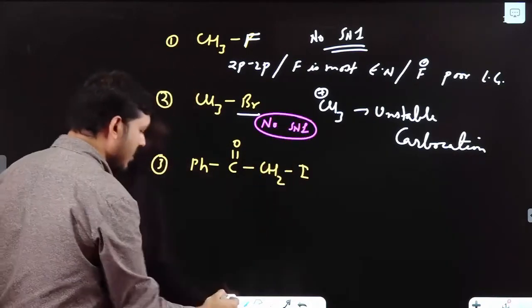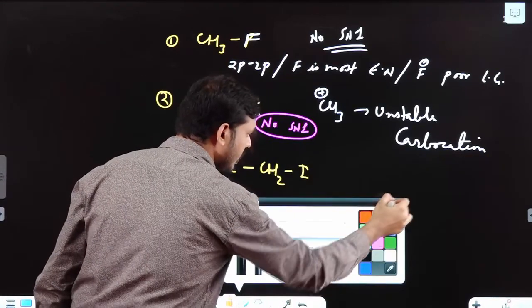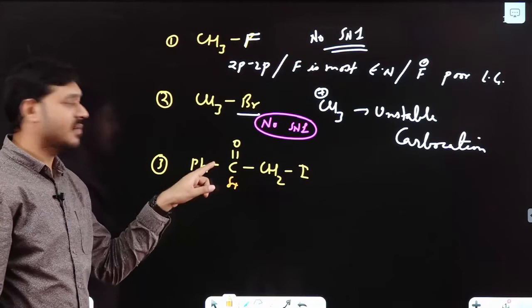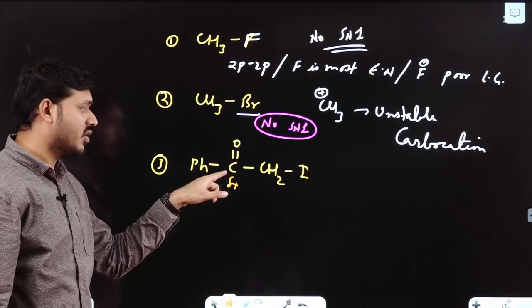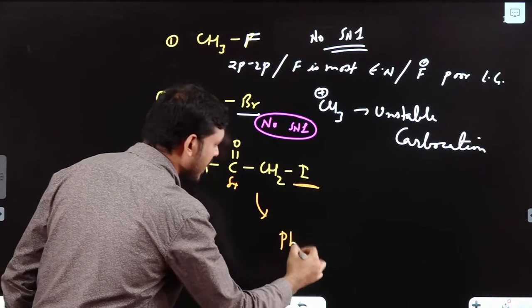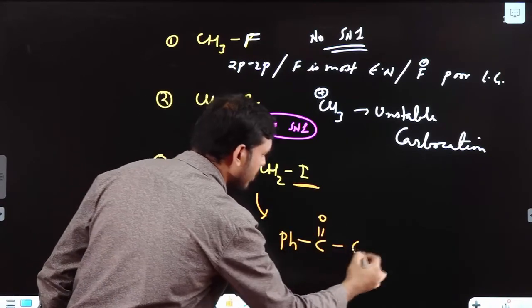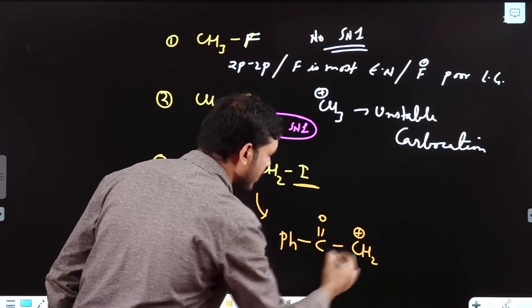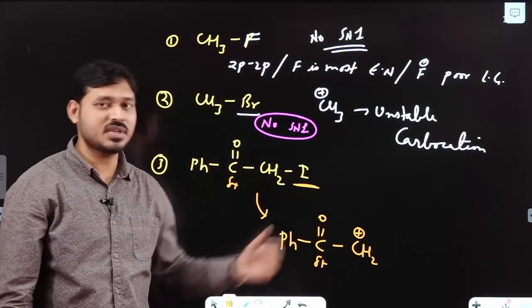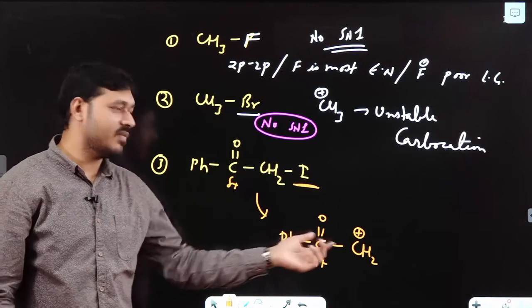Okay, now check the third one. In the third one, see, the carbonyl carbon atom always has delta positive charge. Now this I minus is liberated. What you will get? You will get PhC double bond O CH2 plus. Now this is having delta plus, and in front of the plus charge you are having again a plus charge. It is just like a beggar in front of a beggar.